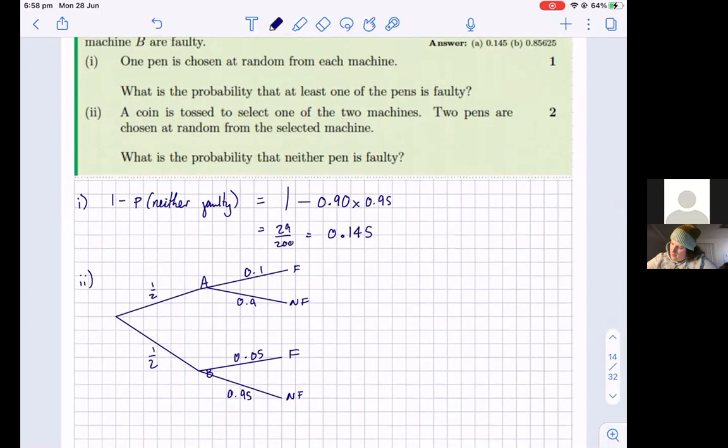So the probability that neither is faulty is this branch and this branch. So we've got 0.5 times 0.9 plus 0.5 times 0.95 gives us 37 on 40. If we want that as a decimal, that's 0.925.